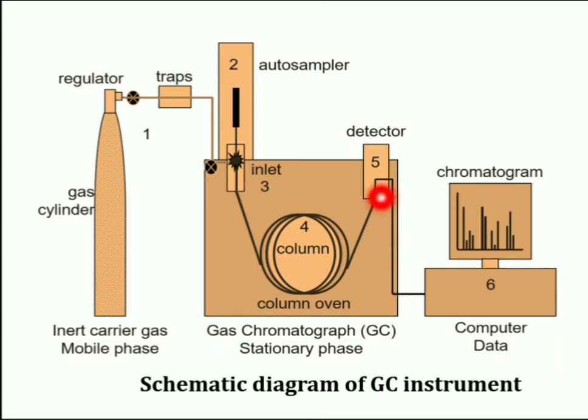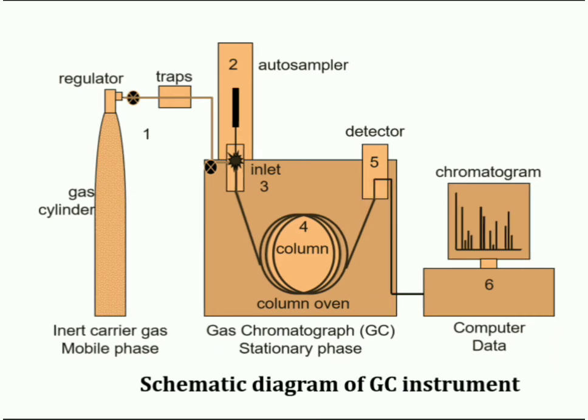Detector is a device used in gas chromatography or liquid chromatography to detect components of the mixture being eluted off the chromatographic column. And last important parts of the system include amplifier and recorder. Amplifier increases the signal strength and recorder records the data obtained.